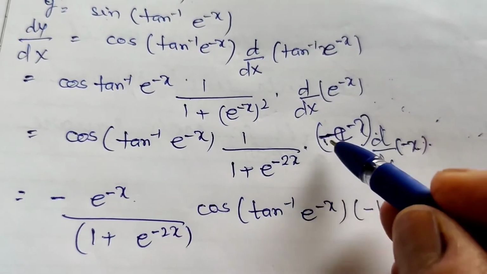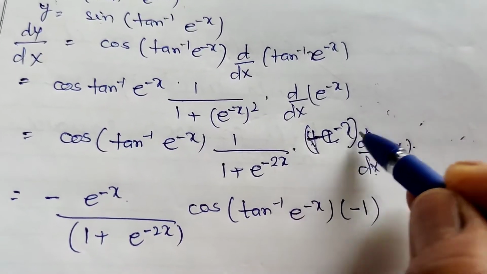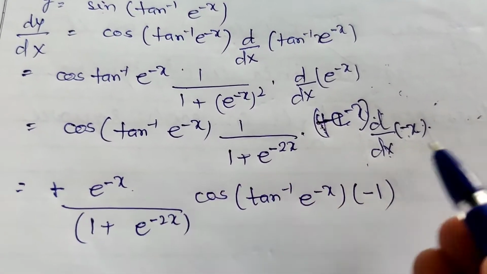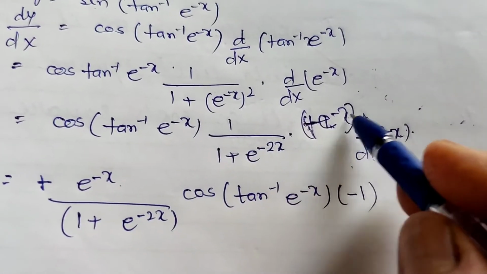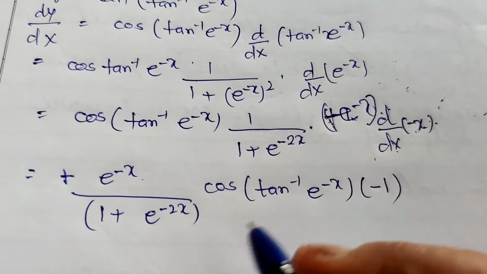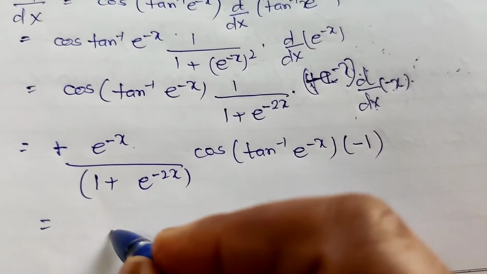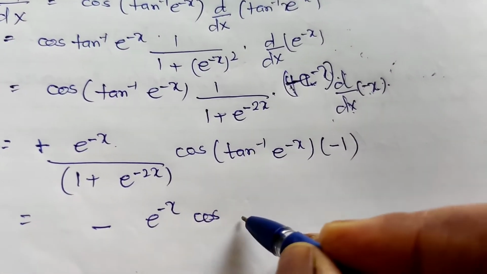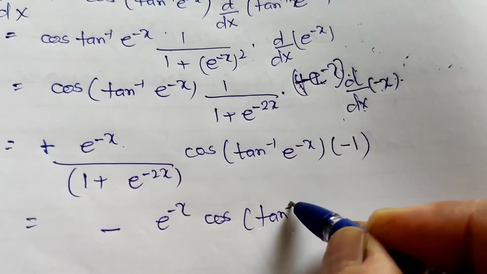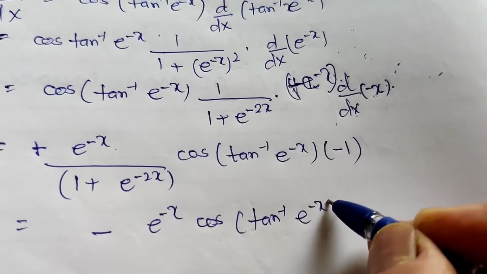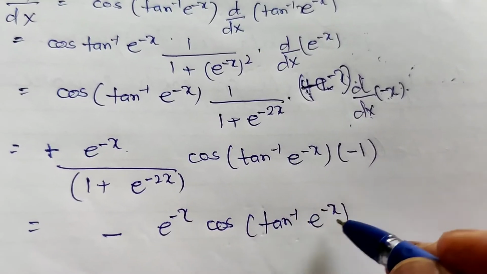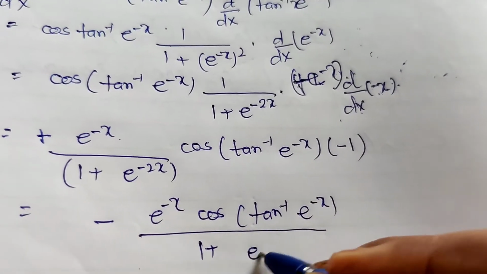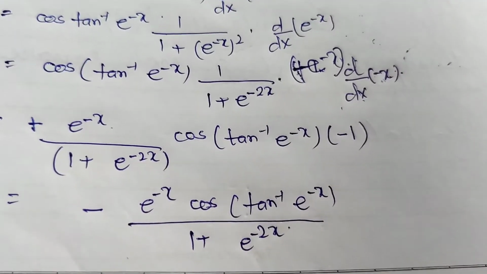There is no minus in the answer only because I have to differentiate minus x again, therefore the answer is positive. Therefore, the final answer is e raised to power minus x cos tan inverse e raised to power minus x by 1 plus e raised to power minus 2x.